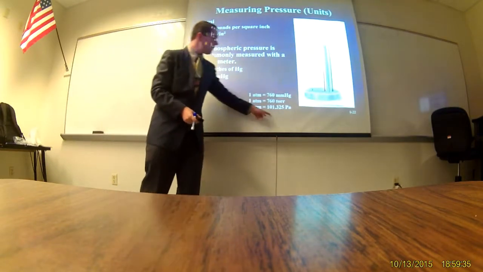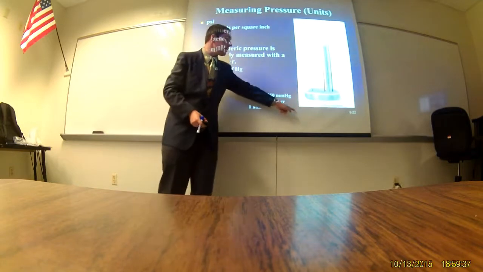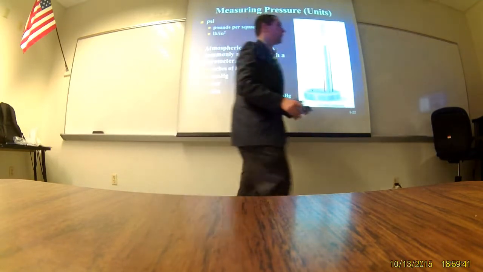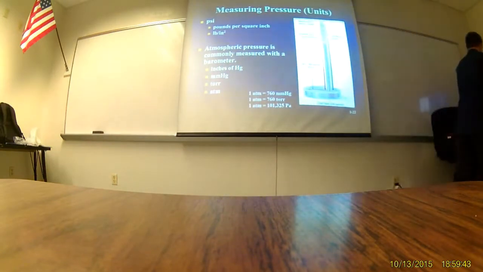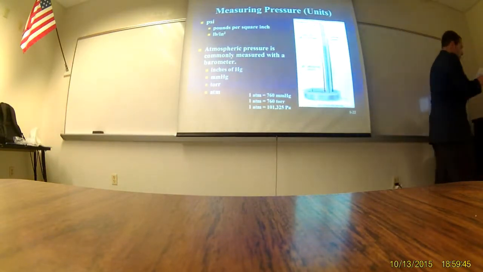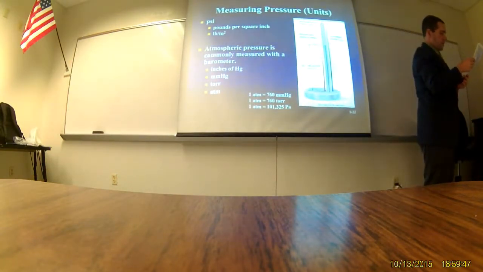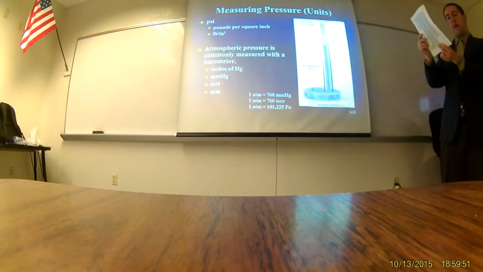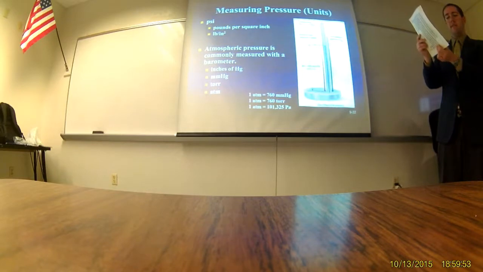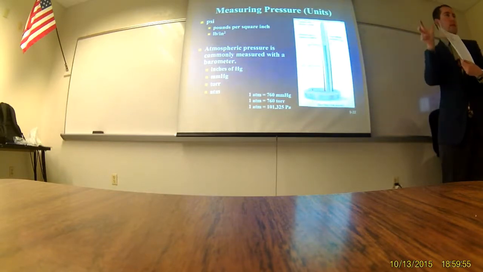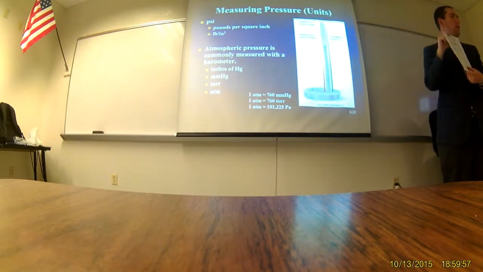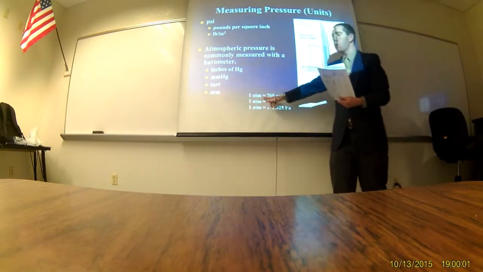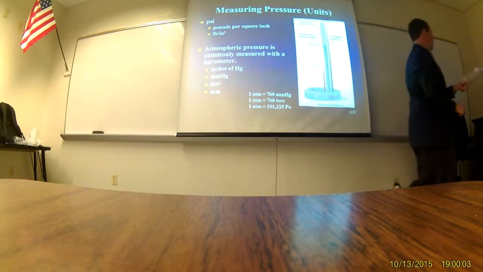We won't use pascals in here, but pascals are another unit of pressure that scientists like to use. I think that conversion is on here. Yes, it says one atmosphere equals 760 torr, and in parentheses it says millimeters of mercury. So you don't need to memorize this, although we're going to use it so many times you probably will.